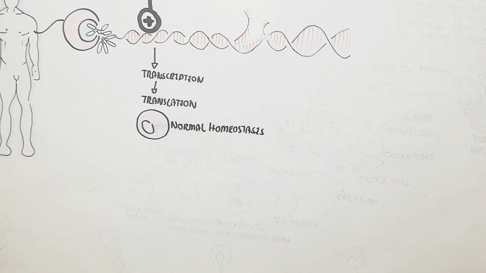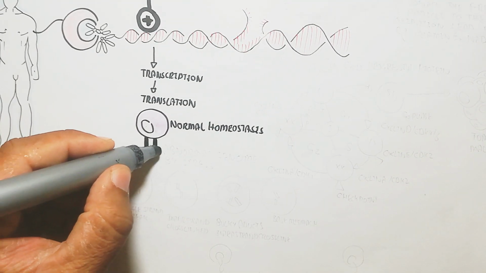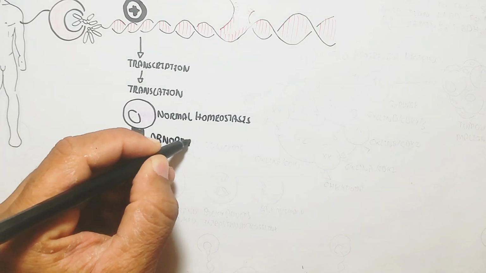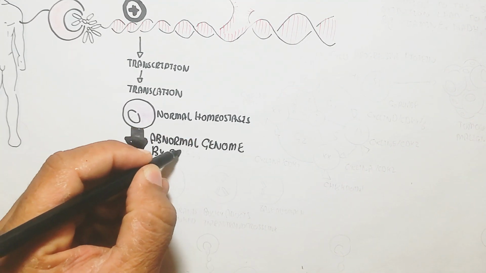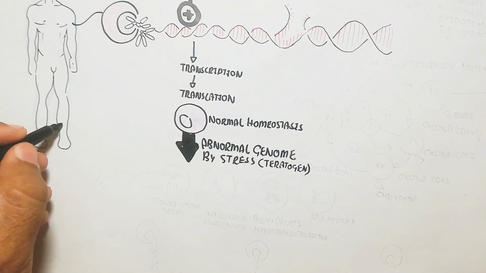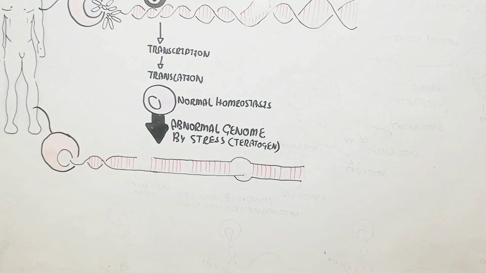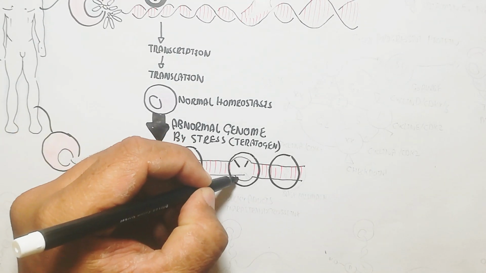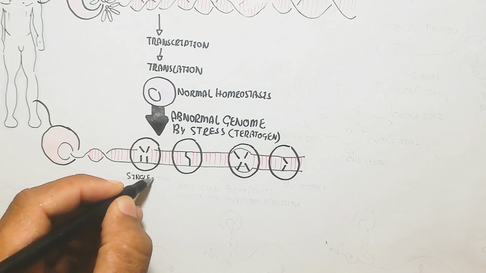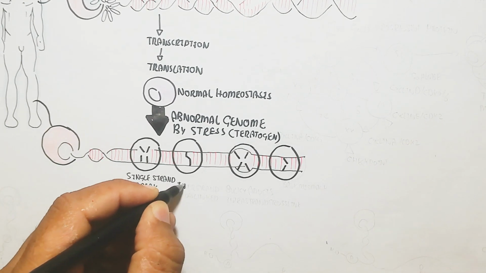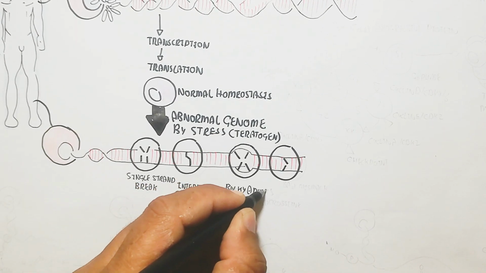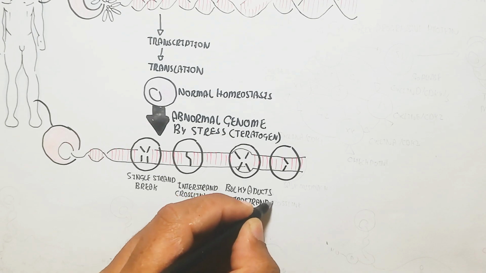So the central dogma, transcription to translation, maintains normal homeostasis of the cell, but an abnormal genome caused by stress or a teratogen affects the gene and leads to DNA damage, not a break, because we will cover the whole DNA break and how it is repaired in a separate video. In this case, we will understand through biochemical reactions how it can be repaired.